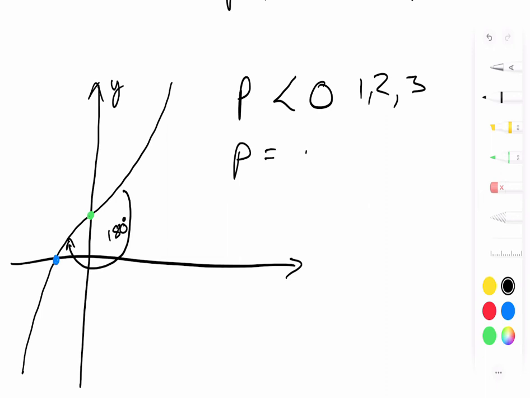If p is equal to 0, we can have 1 real solution and 2 complex solutions, or 1 repeated real solution and 1 complex solution. If p is greater than 0, we can only have 1 real solution, because that looks like exactly what we've got here in our example.